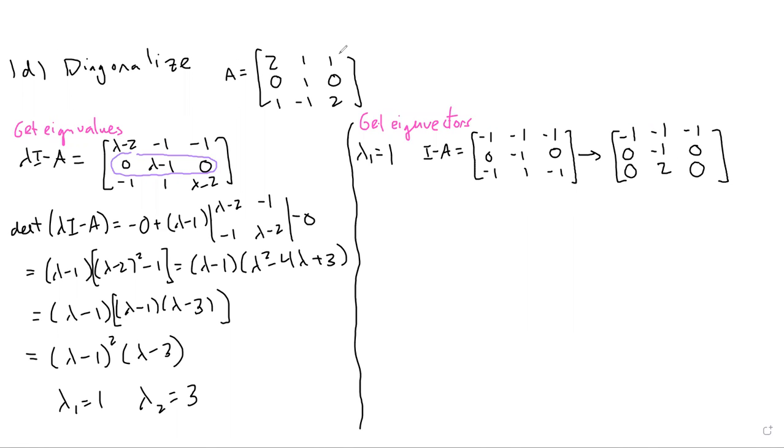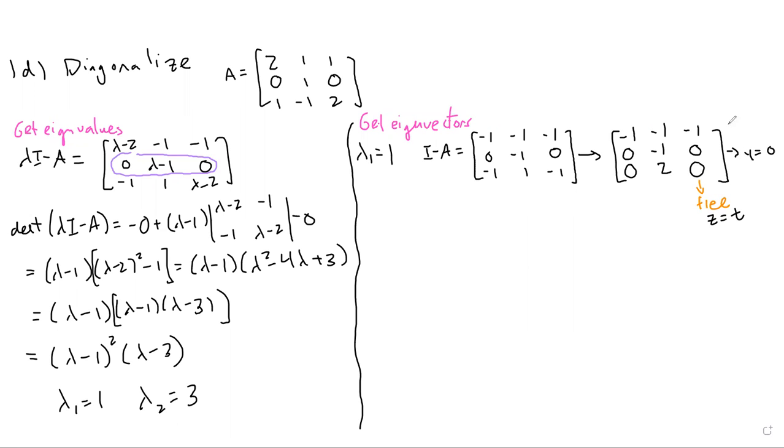What I'm going to have is the free variable here. Basically, let's call this z equals t. I can see from the second equation that y equals 0 must be true.